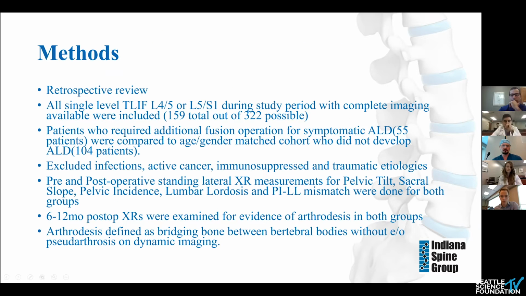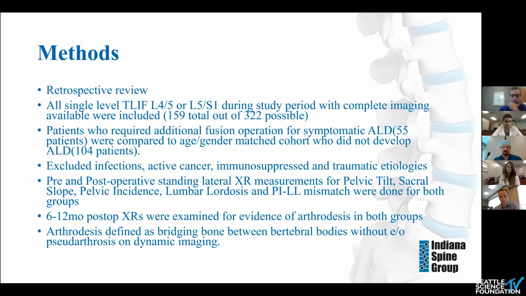So methods, this was a retrospective review, case control study. They looked at all single level TLIFs at L4-5 or L5-S1 during a 6-year study period that had complete imaging available, and ended up with 159 total cases out of 322 possible.